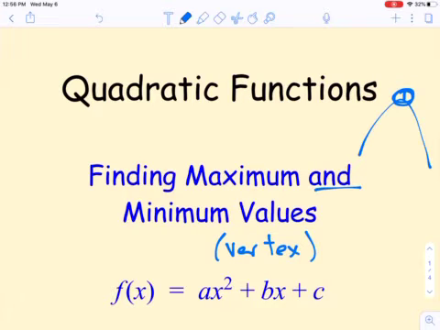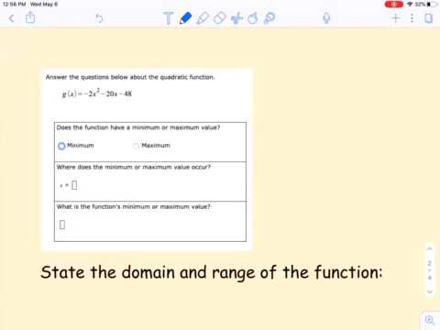So the very first thing to think about is that we are going to be doing these without the help of a graph. So there are a few clues we want to look for. The very first clue, and I'm going to highlight this in yellow, is we always want to look at this first term, your a term, your ax squared term.